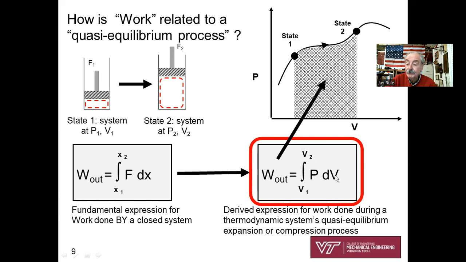So again, don't just take my word for it. This is derived in the book. It should be derived in your classroom, but we're going to accept that for a quasi-equilibrium process, closed system, work out is the integral of P dV.